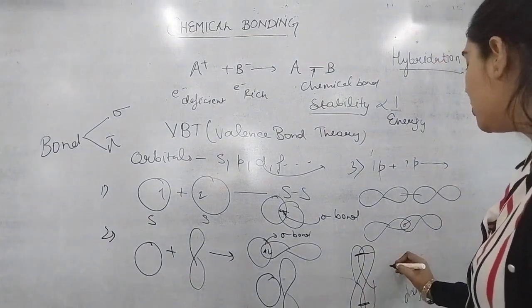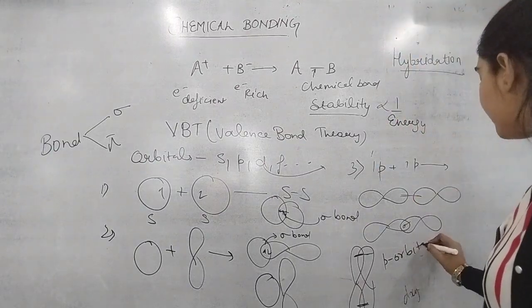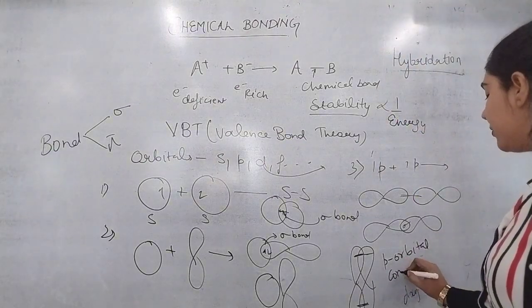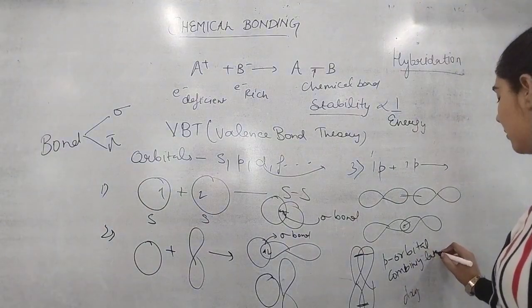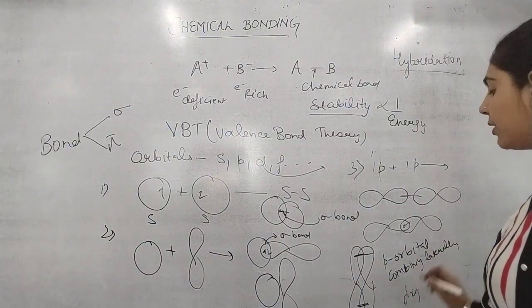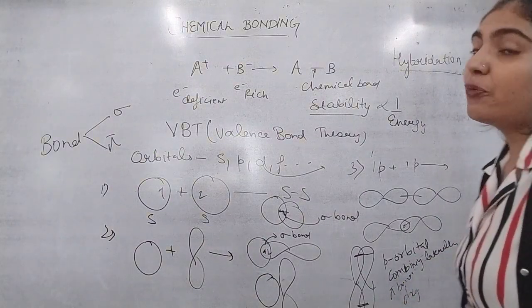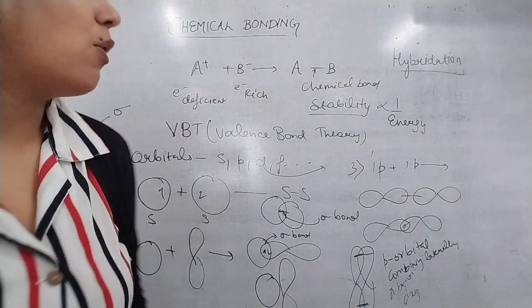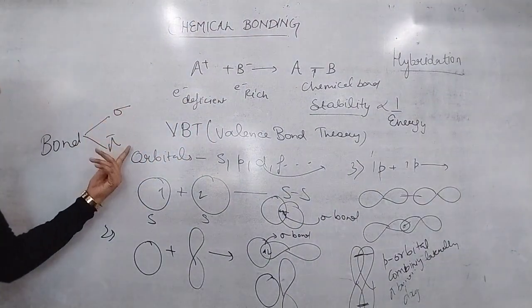Fine. So when the p orbitals are combining laterally, it leads to the pi bond. So what we have understood till now is, according to VBT, two types of bond are there, sigma and pi.